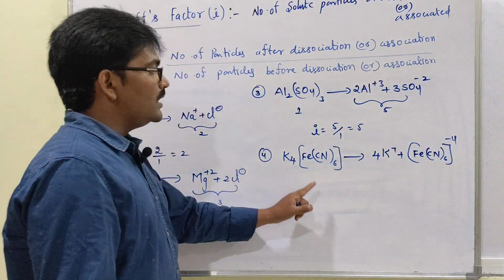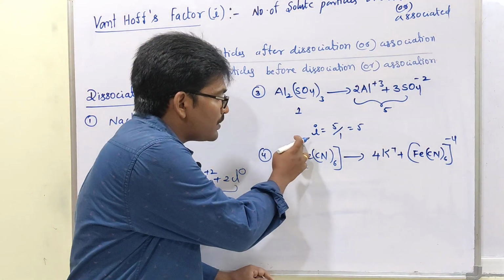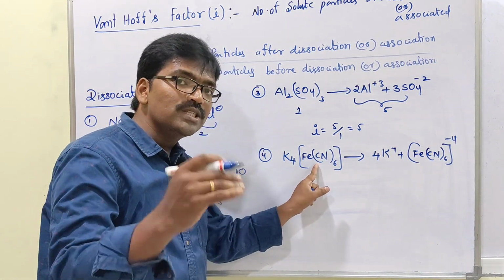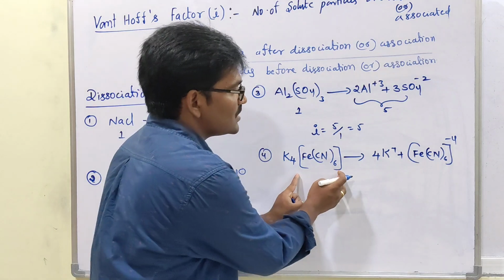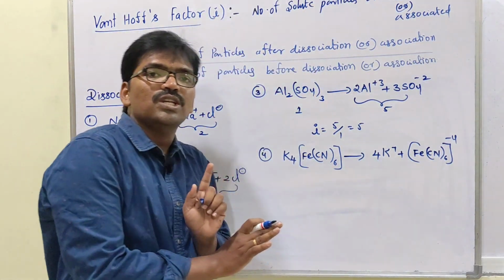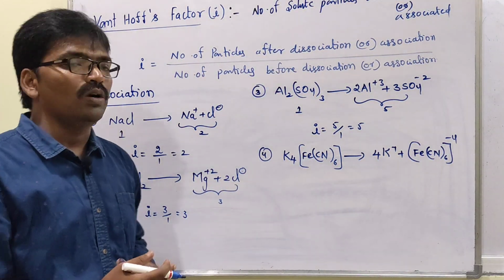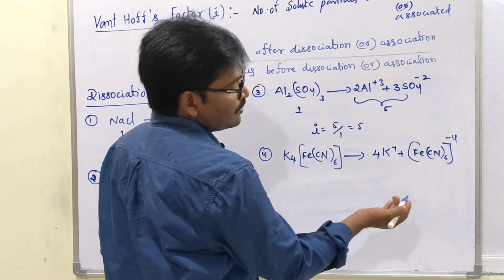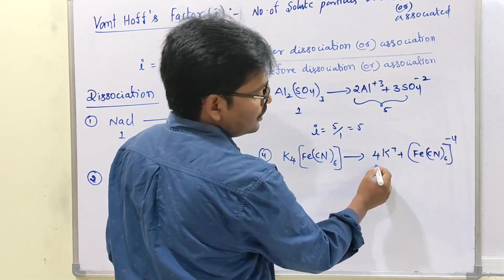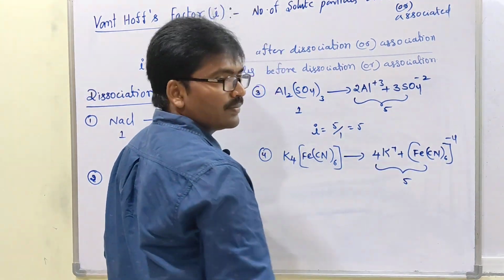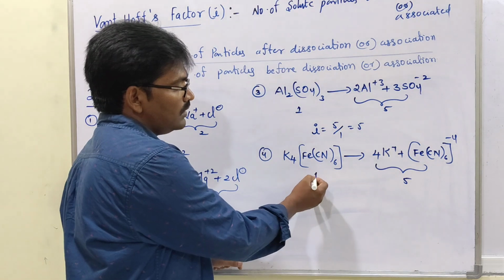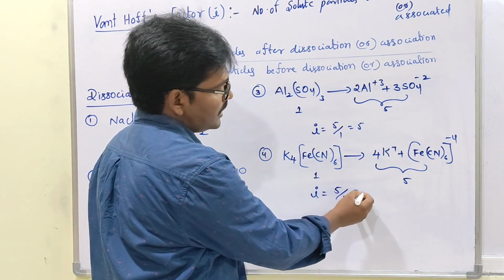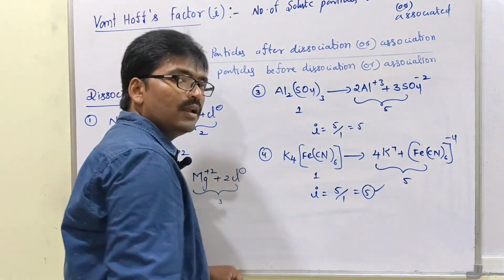Remember, when coordination compounds are there, the complex in the coordination entity does not dissociate into ions, because of covalent bonds. Only ionic bonds dissociate. So the total number of particles is 4 plus 1, totally 5. Before dissociation only 1, so i is 5 divided by 1, which is 5. Clear, my dear students?